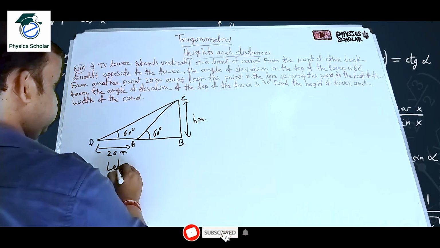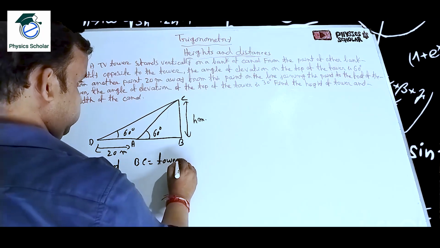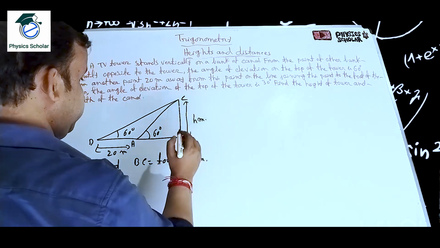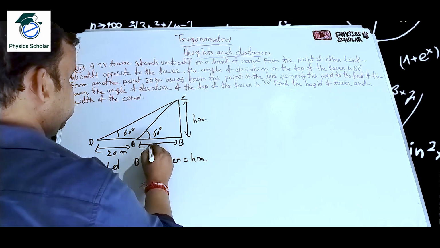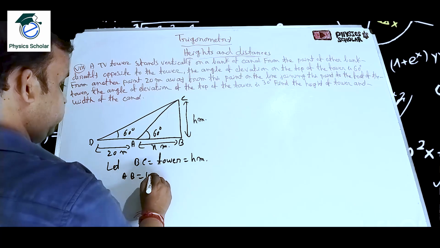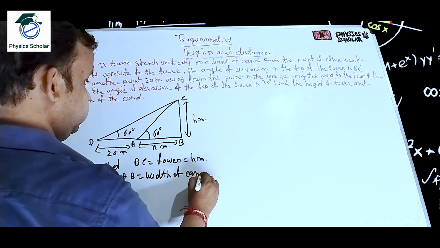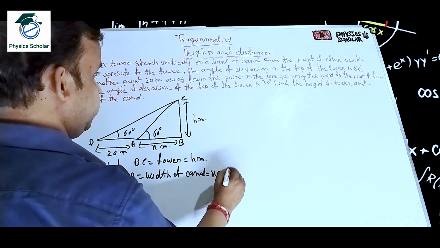So let BC, the tower, is equal to h meter, and suppose this is x meter. So AB is equal to the width of canal is equal to x meter, clear.